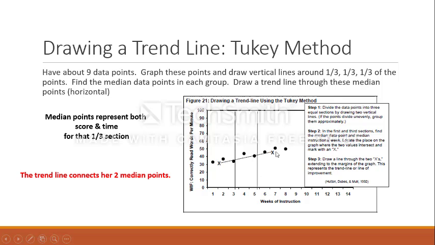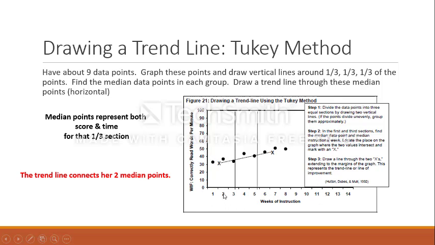And then over here, you want to be on this line here. And then which of these three is the middle? Not this one, not this one, kind of this one. So really your x should be about right there. I'm not loving this particular image by Hutton, Dubes, and Muir, but just so that you understand, the lines are connected at the middlemost data point for where it falls on weeks of instruction.